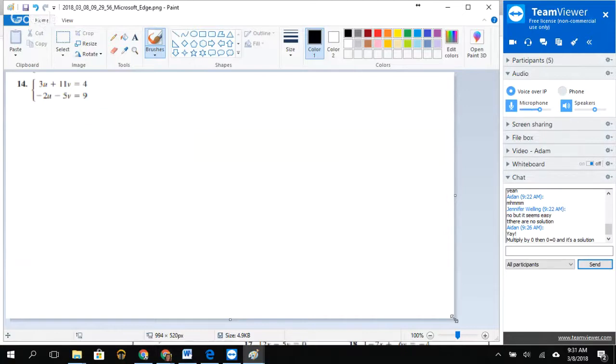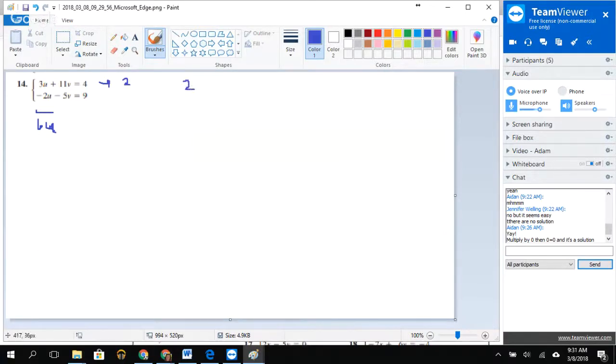So in my mind, what I'm thinking is that probably the easiest is if I can transform 3u and negative 2u into positive and negative 6u. Okay, so I can do that if I multiply the top equation by a constant of 2, right?